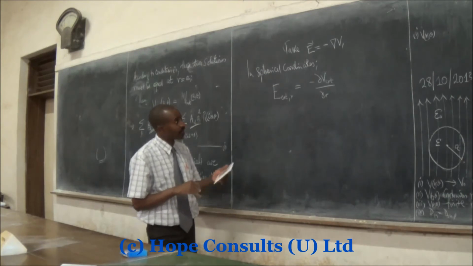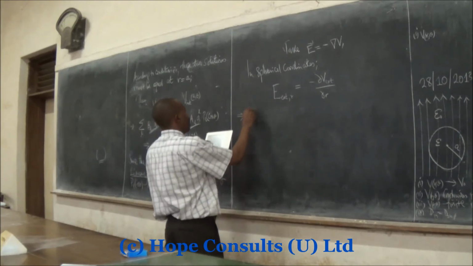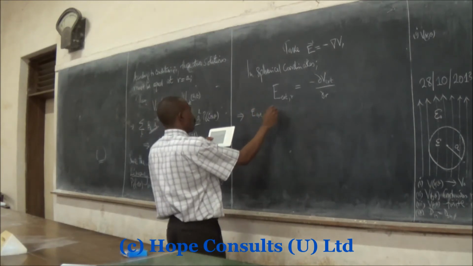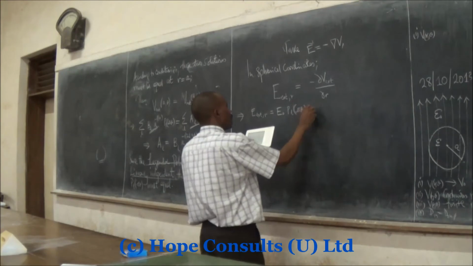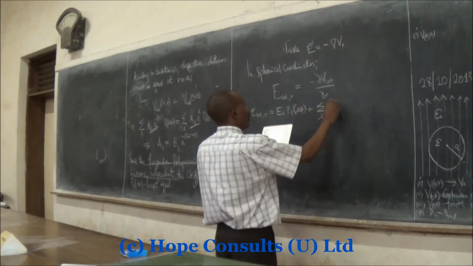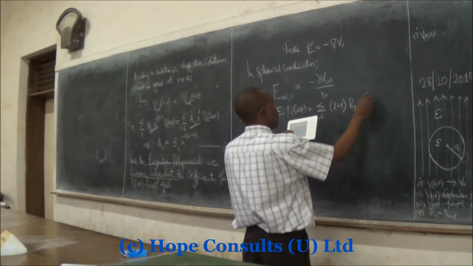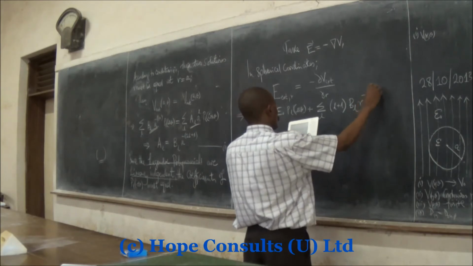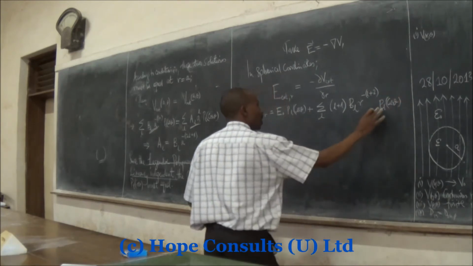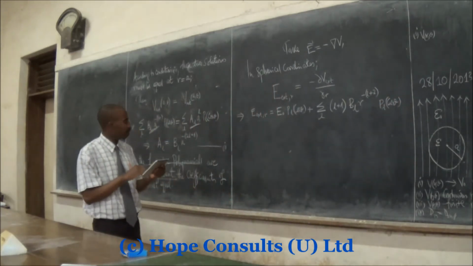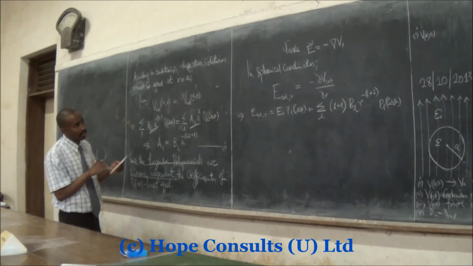So if I do the differentiation, I'll get this implying that E exterior r would equal E naught P_L cos theta plus summation over L plus 1 B_L r to the minus L plus 2, or 2 plus L, P_L cos theta. I guess there might be an issue to solve here. Most probably, or I think that's okay.